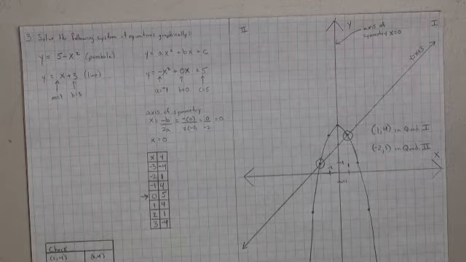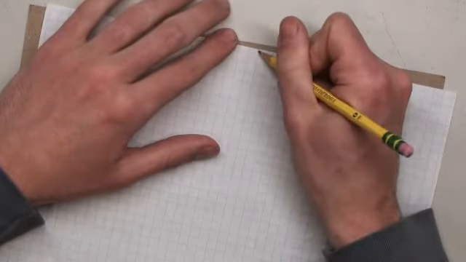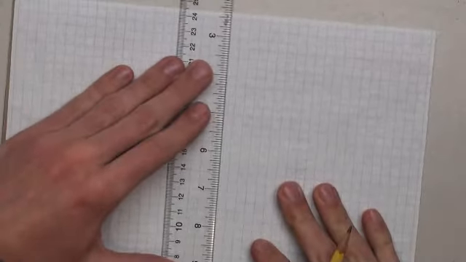So, let's move on to problem number 4 on the back. I'm going to look on this side where my line was. It was right here. So that's where I'm dividing this thing to.